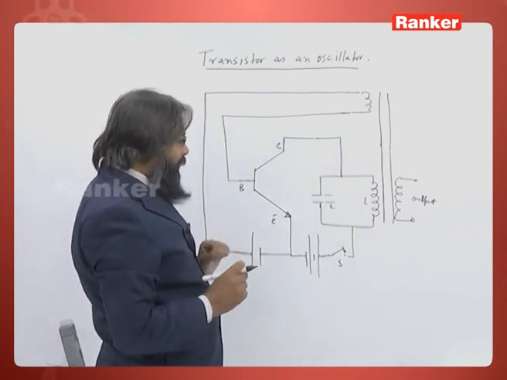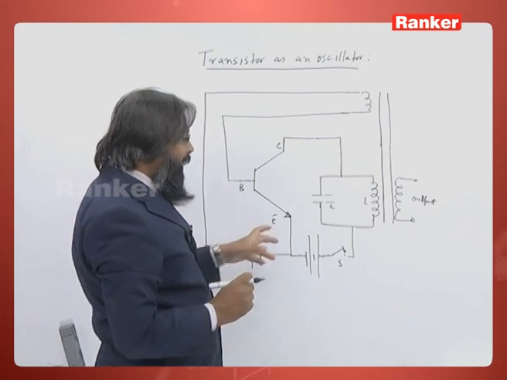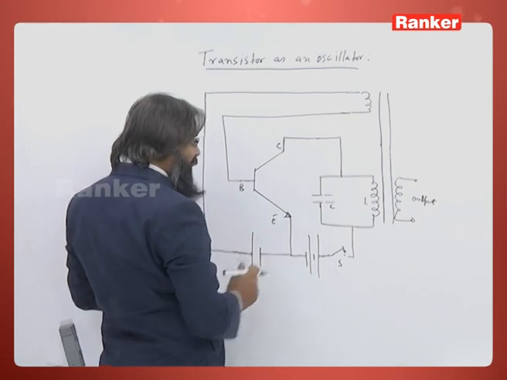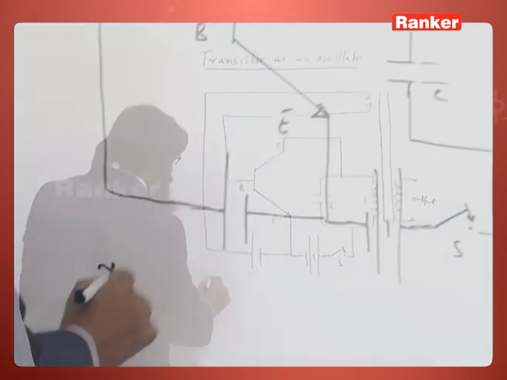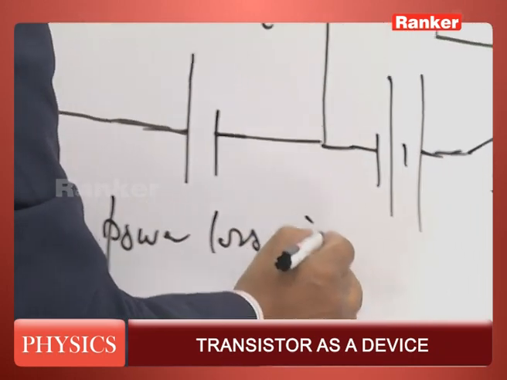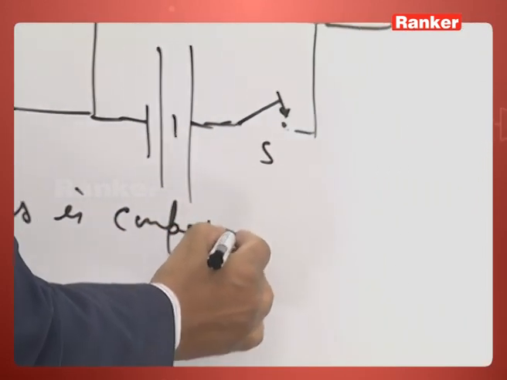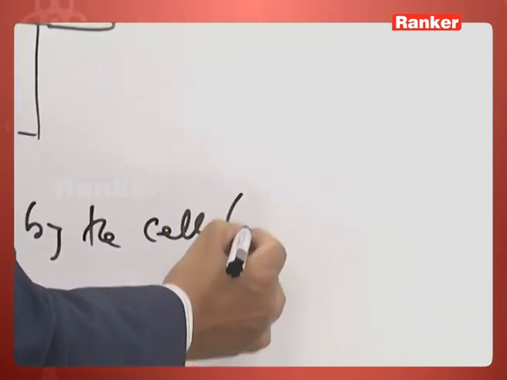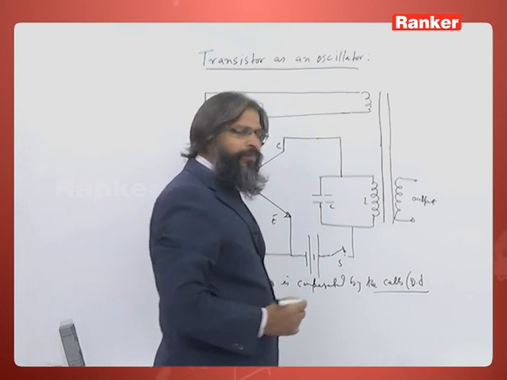One more important point: whatever power loss is there is compensated by the work done by the cells, that is DC cells.